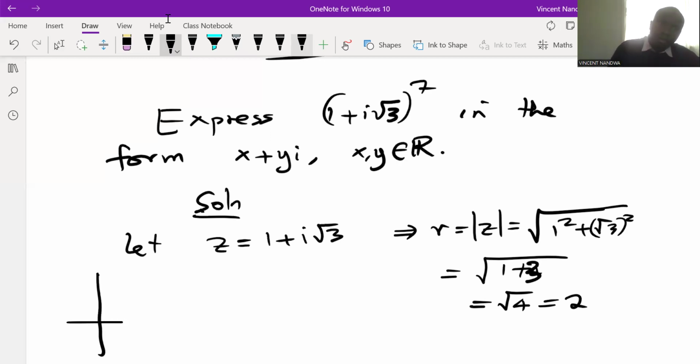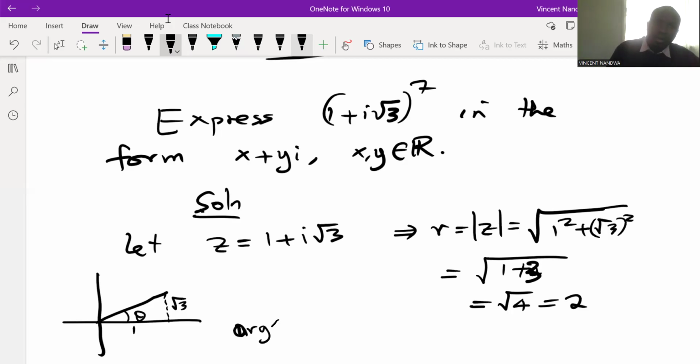Now this number is in the first quadrant, where this is the root 3 and this will be 1. So then it's very easy to determine the argument of z.